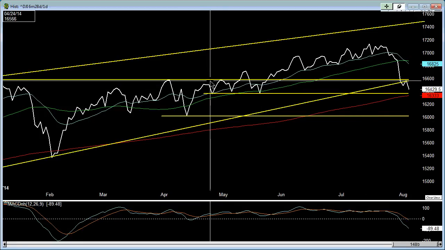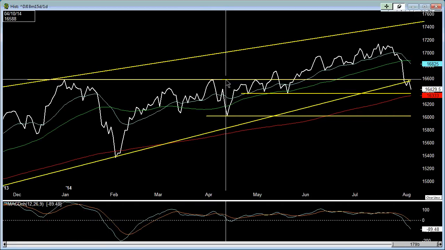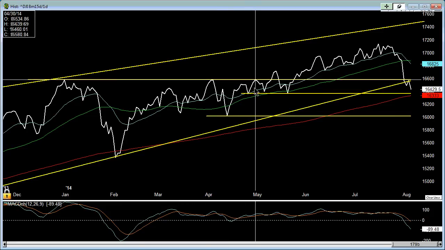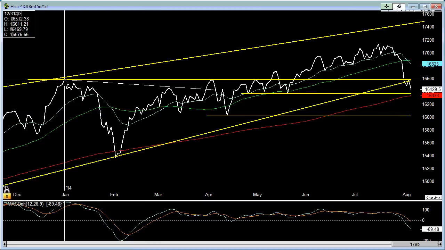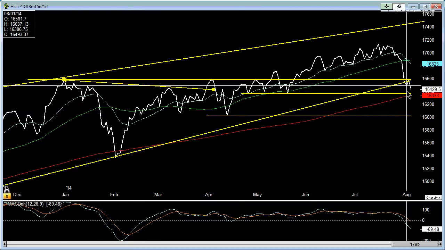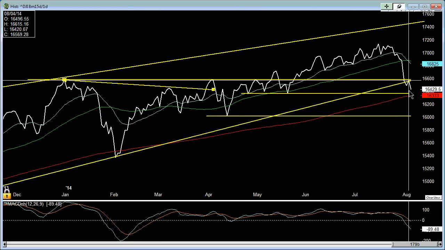Also, if you look at these pivot levels here, we're basically looking at 16,580, okay, 16,572, okay, 16,576. So there's a level, and then yesterday, we got up to 69. So it's basically like 70, right?